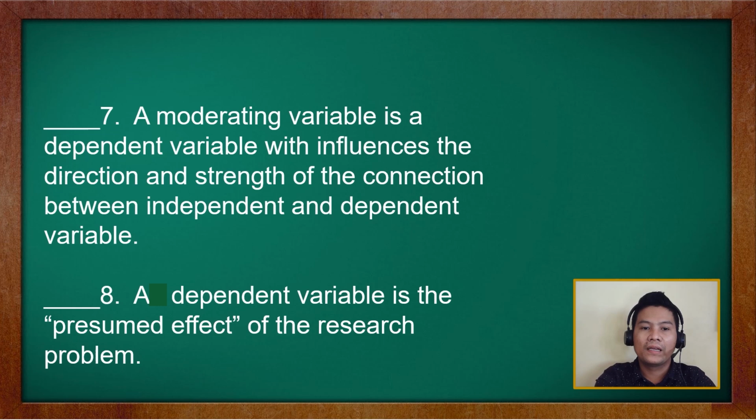Number 7, a moderating variable is a dependent variable which influences the direction and strength of the connection between independent and dependent variable. Number 8, a dependent variable is the presumed effect of the research problem.